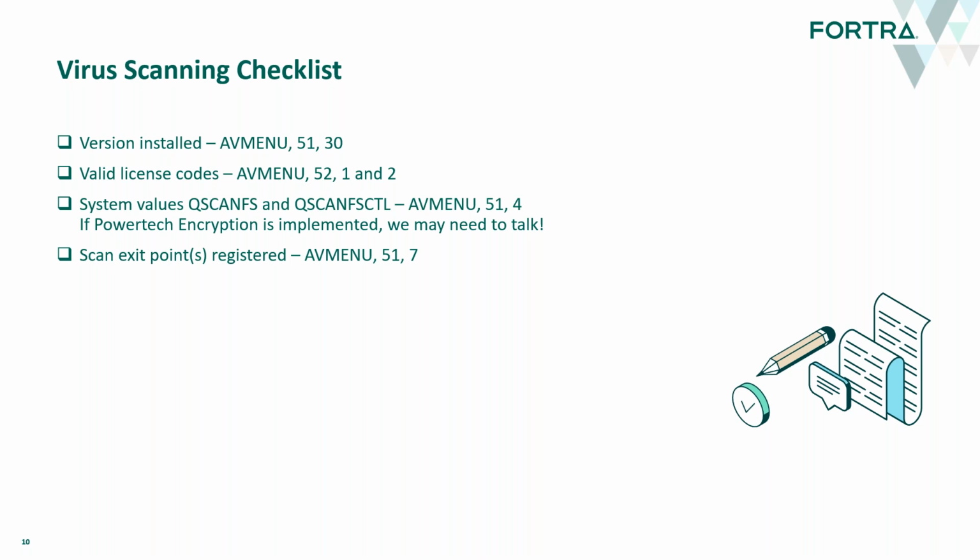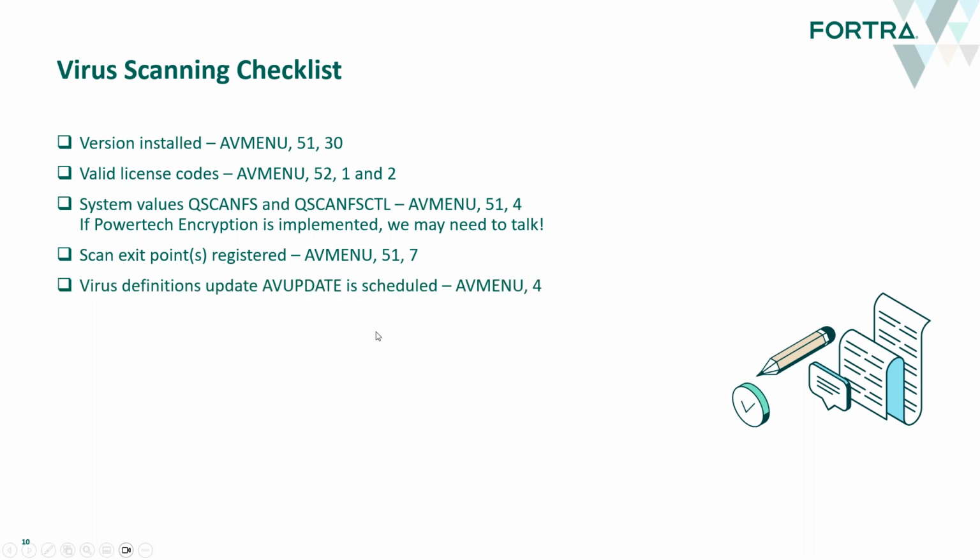So you should be able to go into the support menu, option 7, and do an 8 next to the exit points and see that the scan open is registered. This is going to be the primary one that's going to be used. If you have on-access scanning turned on, you might see the exit program registered on close. So there is that additional option there, but it's not in all cases.